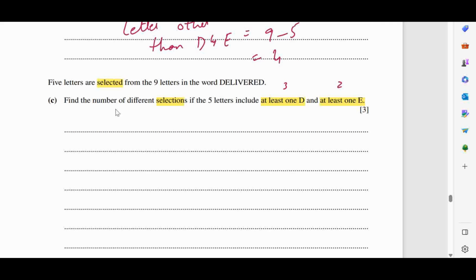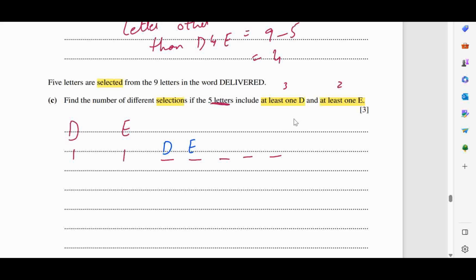So let's make the table over here. We have two conditions, D and E. Now at least one D and at least one E means 1 and 1, and the other arrangement will be 1 and 2. We have to select 5 letters. So here the first letter will be D, and we have 3 spaces remaining.